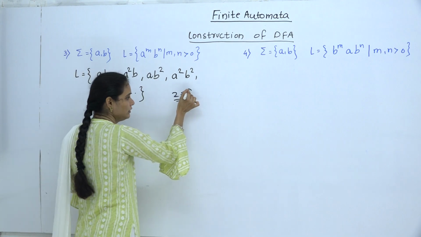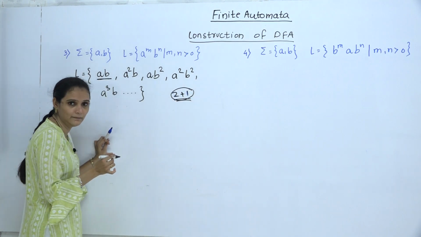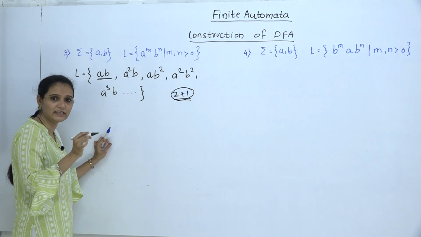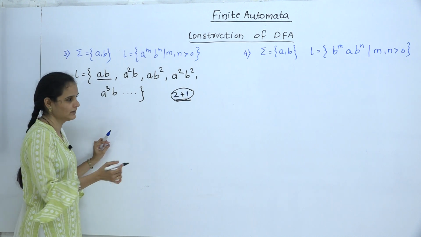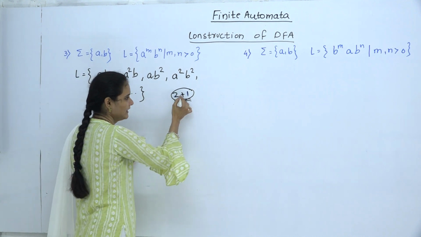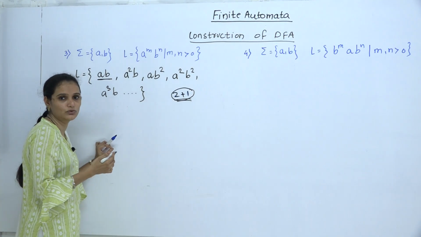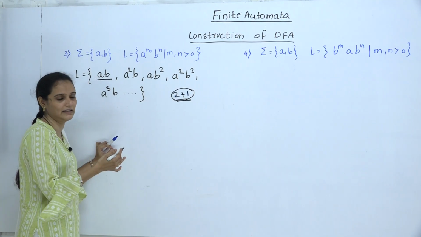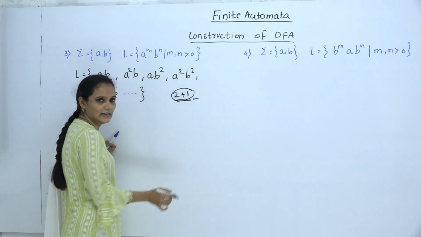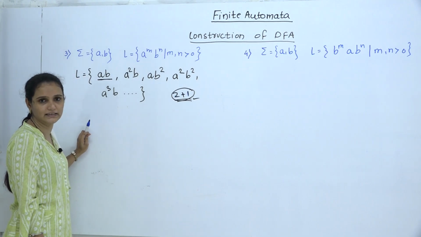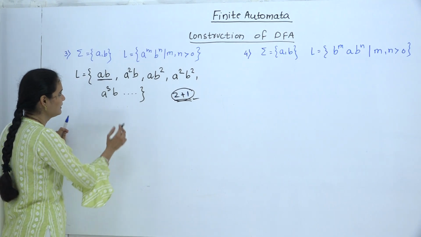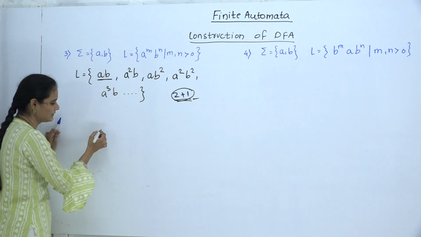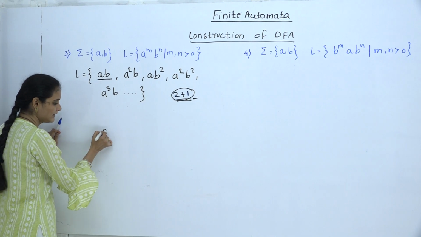I told you that this formula is applicable for up to 70 to 80% of DFAs. It is not a universal formula. From our experience, these kinds of formulas are applicable for 70 to 80% of DFAs.